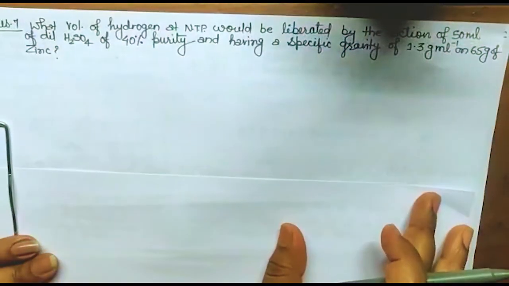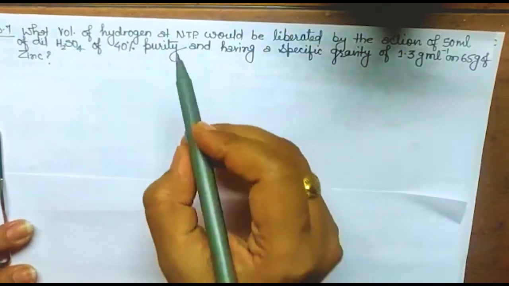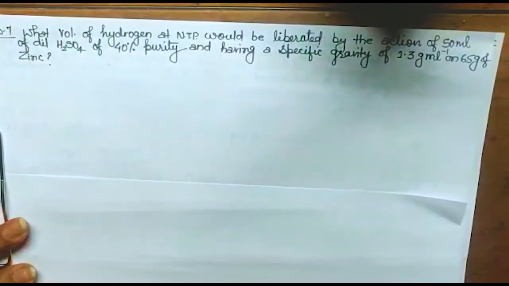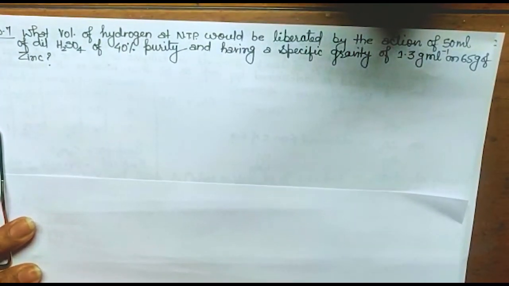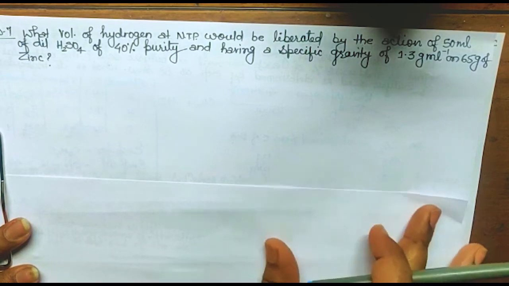Okay, class, here is the 7th question. What volume of hydrogen at NTP would be liberated by the action of 50 ml of dilute H2SO4 of 40% purity and having a specific gravity of 1.3 gram per milliliter on 65 gram of zinc. Okay, so how to do?